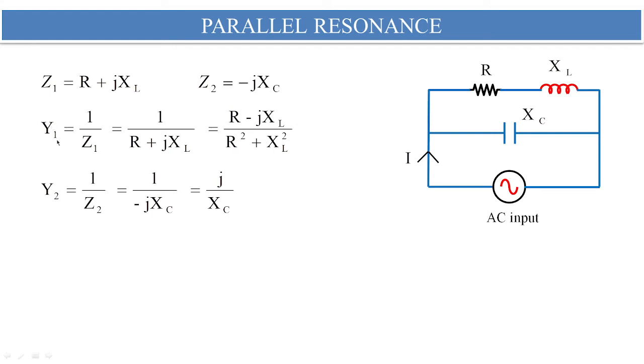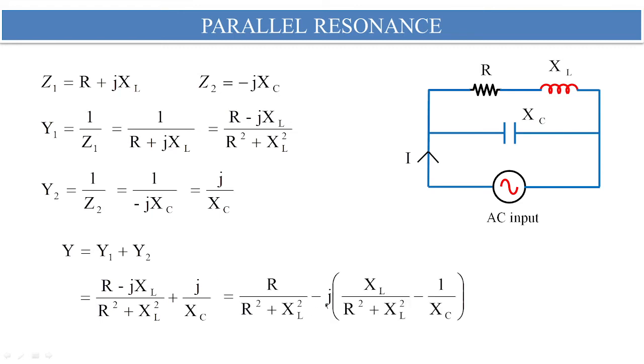Once we obtain the values of Y1 and Y2, it is easy for us to obtain the admittance of the parallel circuit, which is Y1 plus Y2. Just substitute the values, and we get R minus jXL whole divided by R squared plus XL squared plus j by XC. Now when you take the real values and the imaginary values on one side, this is how the admittance is going to be.